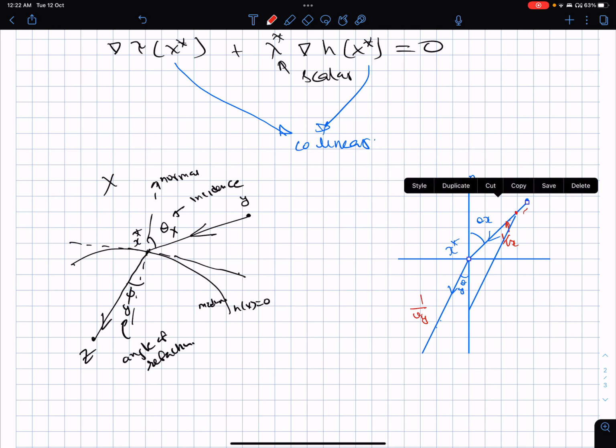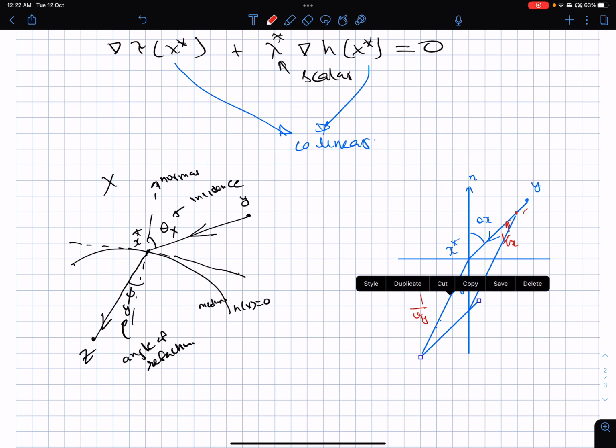Because I am adding two vectors, I can use the parallelogram law of addition. It has not come out very neatly. This should have come on this vertical line, but it's okay.